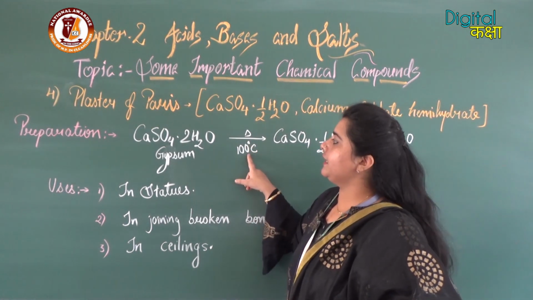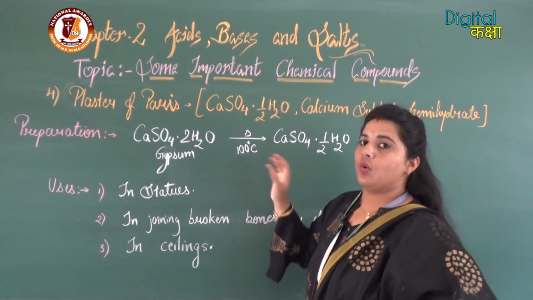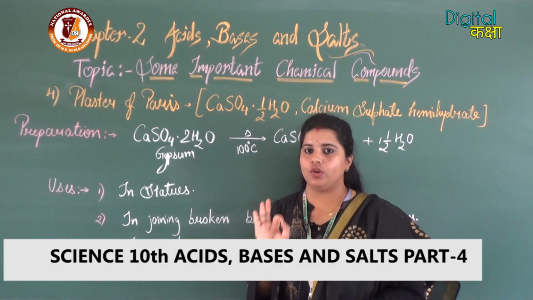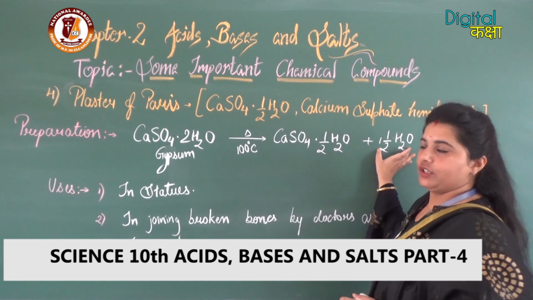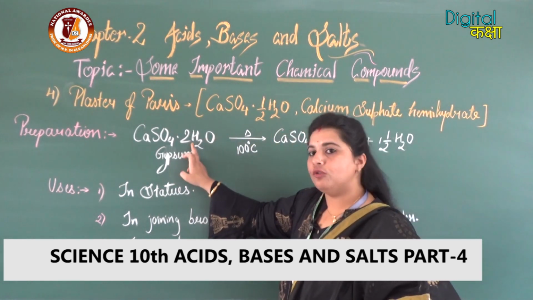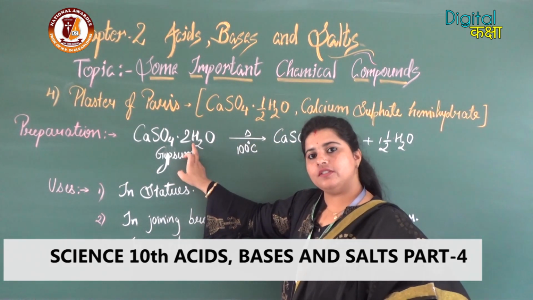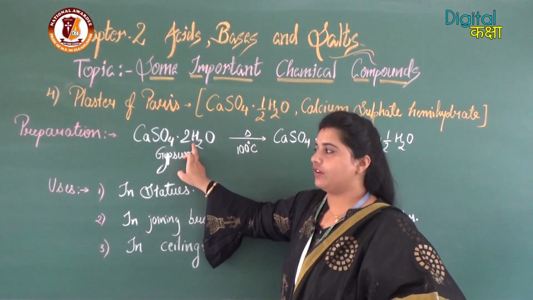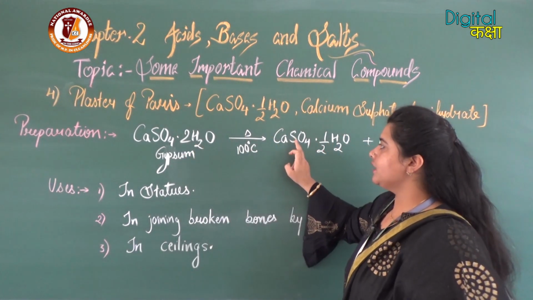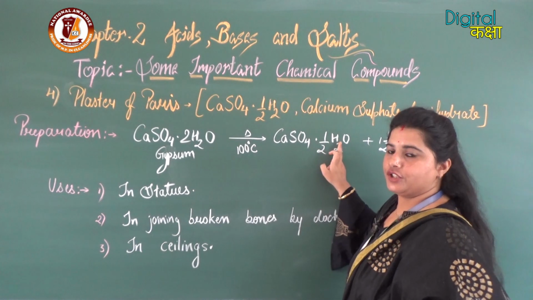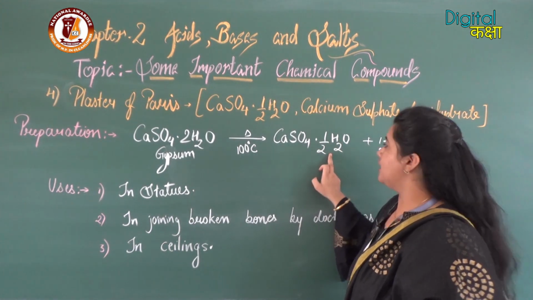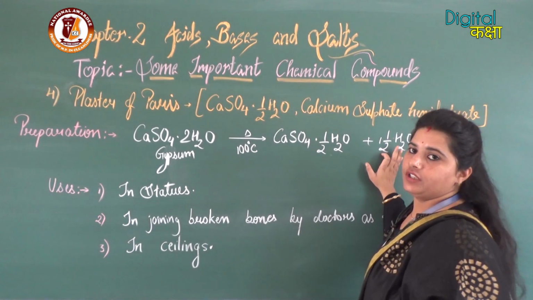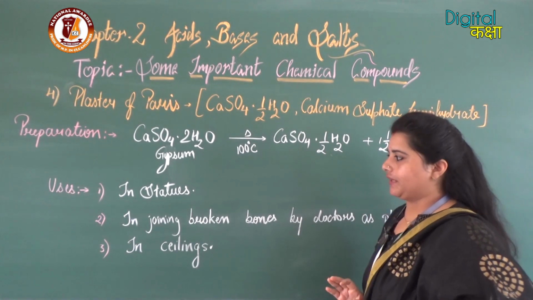When it is heated, it loses 1.5 molecules of water. When it loses 1.5 molecules of water from 2 molecules, how much is left behind? Half. So it forms CaSO4.1/2H2O, this is POP, plaster of Paris, and 1.5 molecules of water are evaporated.